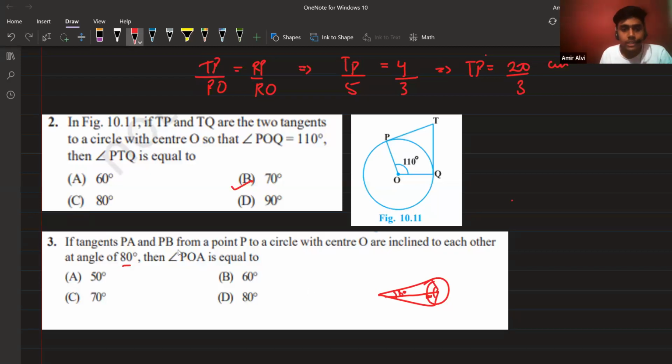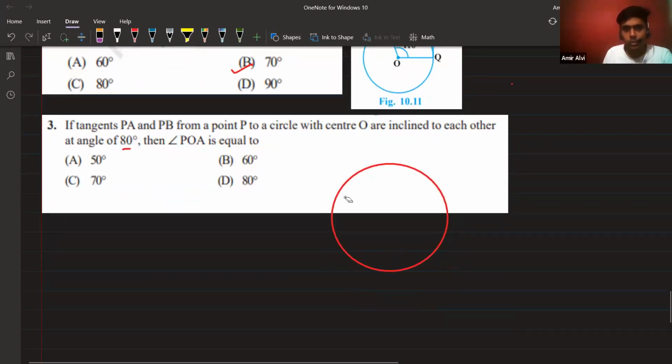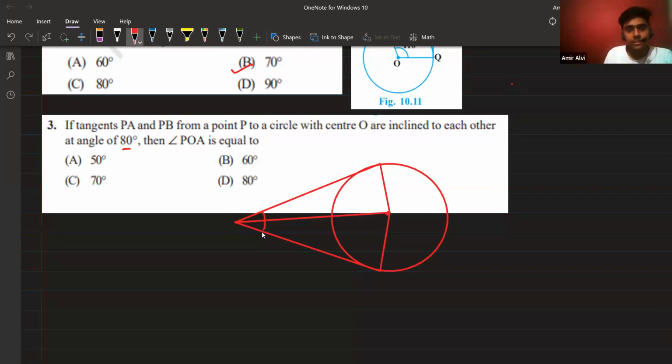Suppose this side is PA and this is PB, and this point is B and this angle is O. The center is O. So this angle will be 90 degrees.